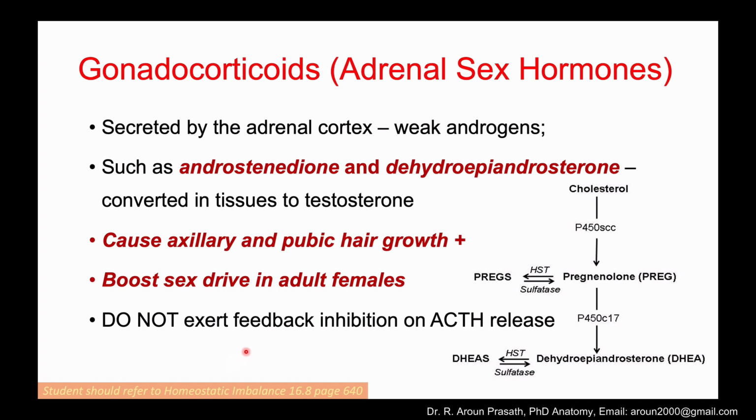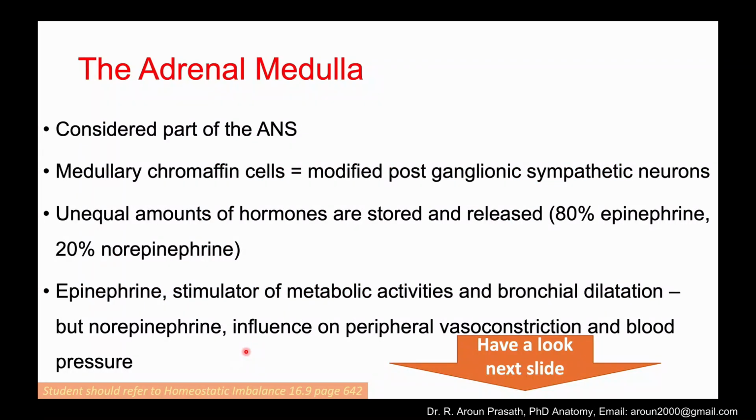Okay, so coming here, let's go to the adrenal medulla. In this adrenal medulla, there are chromaffin cells, which are a type of sympathetic neurons. Unequal amounts of hormones are stored and released. 80% epinephrine and 20% norepinephrine is produced by this adrenal medulla, which is a stress hormone.